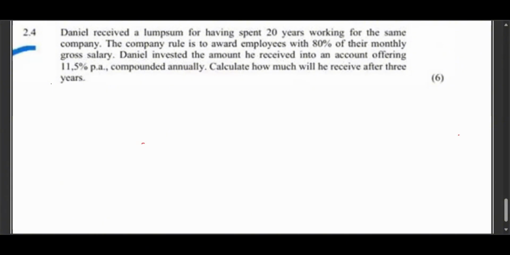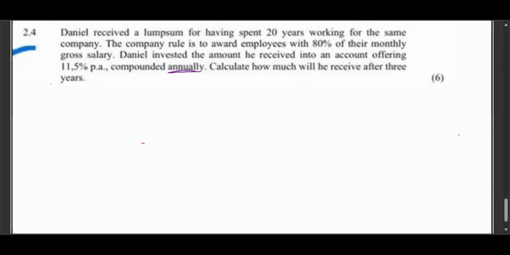This means the money was gaining interest every year, compounded annually. It's not simple interest. Calculate how much he will receive after the 3 years.